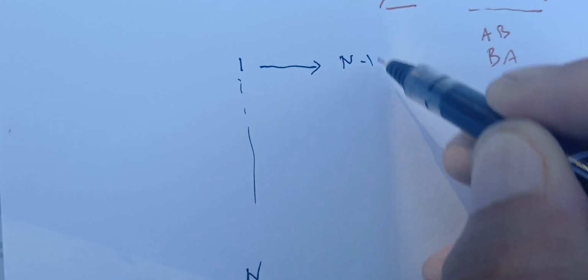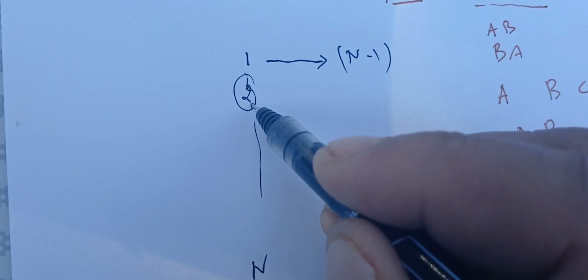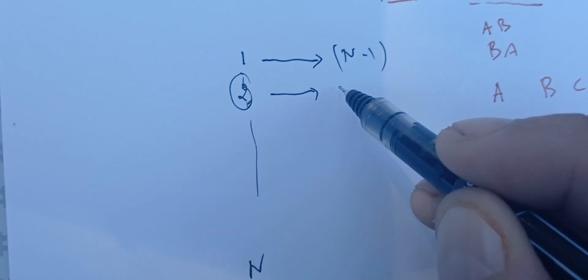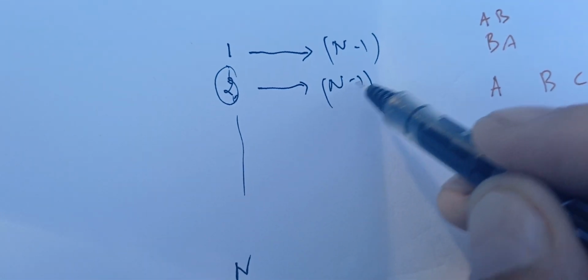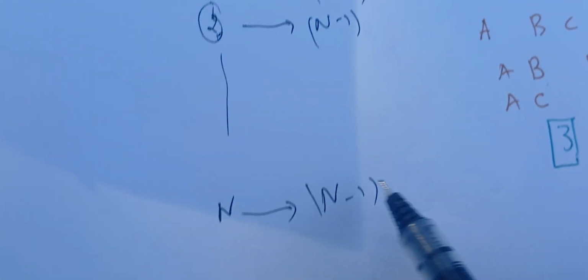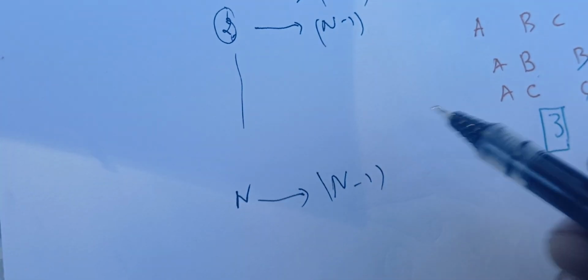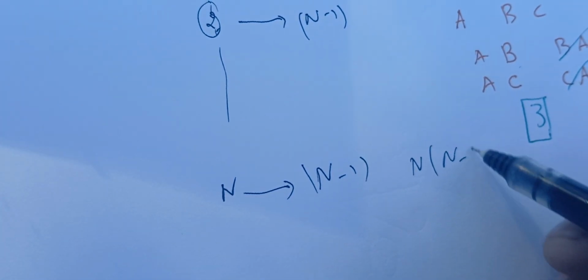With n minus 1. The second person will shake hands with how many? N minus 1, because he doesn't shake hands with himself. And the last one is gonna shake hands with n minus 1. In total, we have n minus 1, n times. That means n times n minus 1.